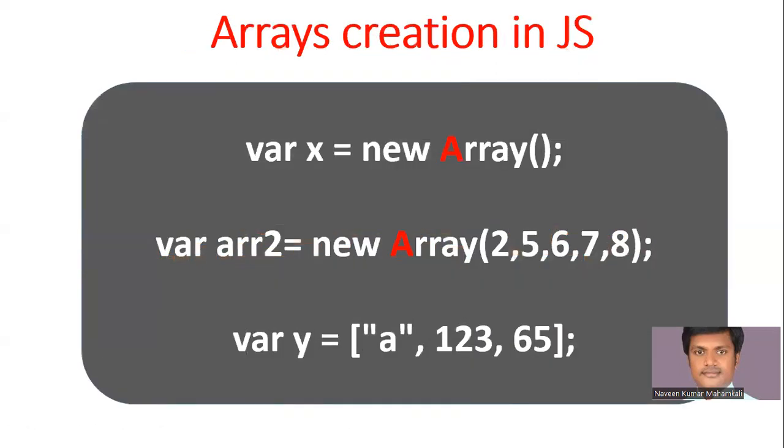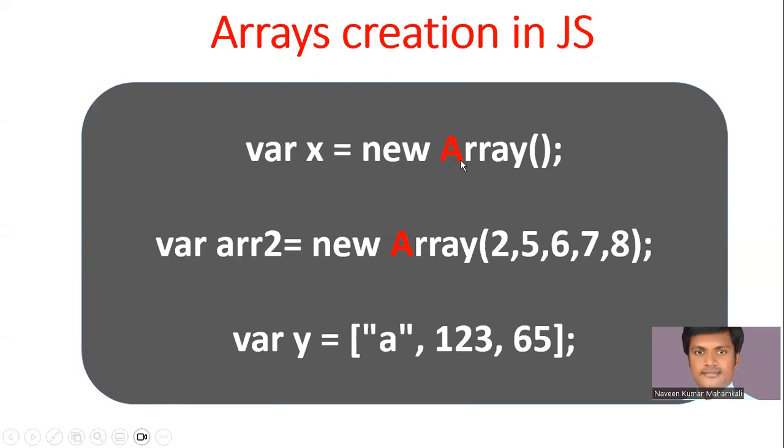In JavaScript, you can create an array in 2 ways. One is using the new keyword, another is using array literal notation, as shown here. Using the new keyword, an empty array has been created by the first statement, variable x equal to new Array.